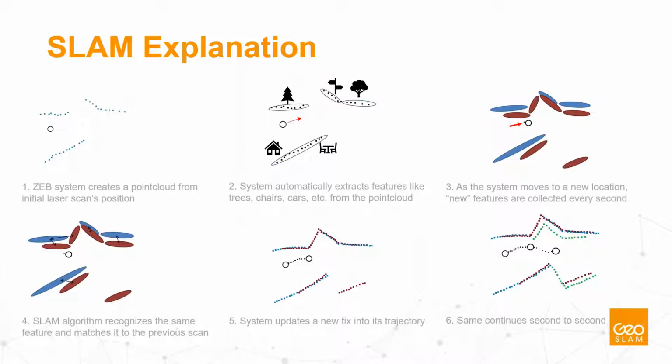To expand a little bit more on SLAM, when we turn the system on, let's say facing some static features like chairs or tables in the room, the SLAM algorithm will extract those features by placing surface elements around them. Features that work well for processing have some unique geometry or are at least 1 meter in size.